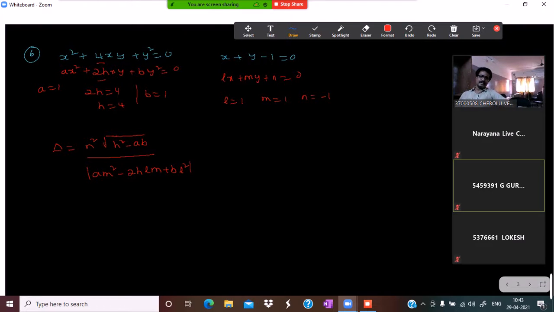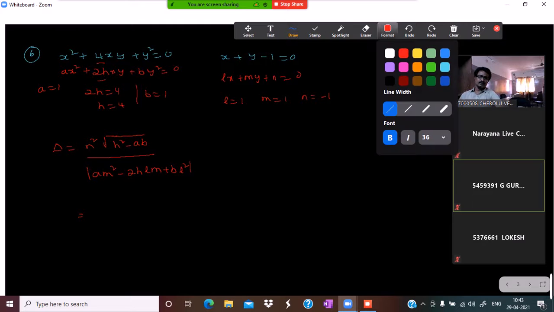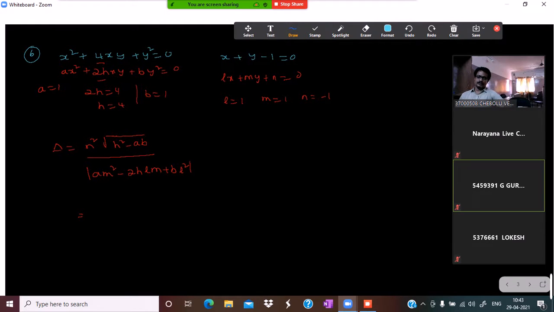Replace the values. The value of n square is equal to minus 1 whole square, into root of h square minus ab, where h value is equal to 2, 2 square minus ab, 1 into 1, by a m square minus 2 into h means 2, lm means 1 into 1, plus b means 1 into l square means 1 square.